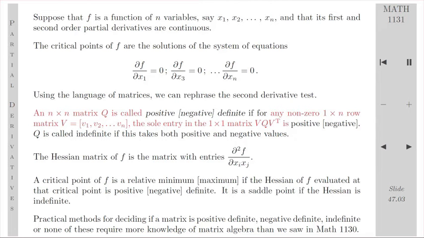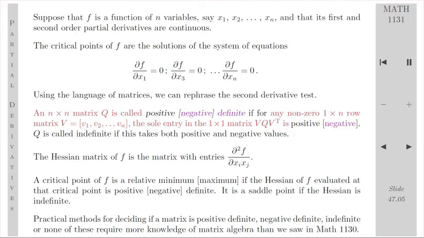So it has just one number in it. Now if I take any non-zero row matrix V, I calculate VQ V transpose. If it always comes out to be positive whenever V is non-zero, we will say that Q is positive definite. If it always comes out to be negative whenever V is non-zero, we will say that Q is negative definite.